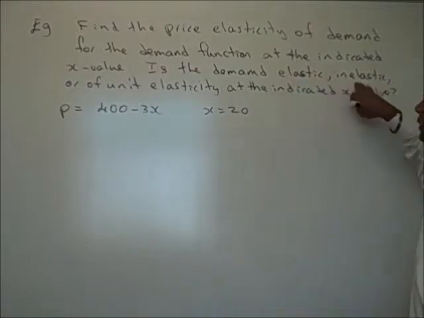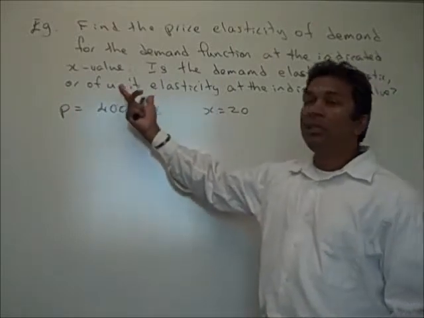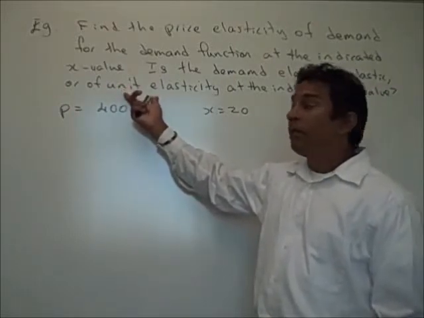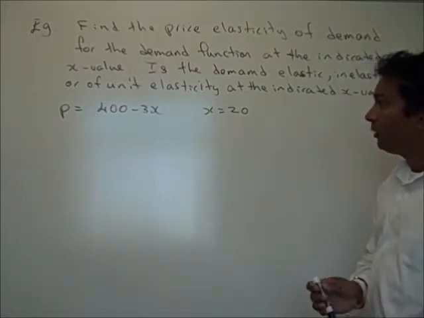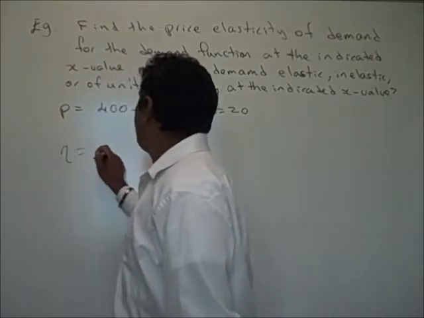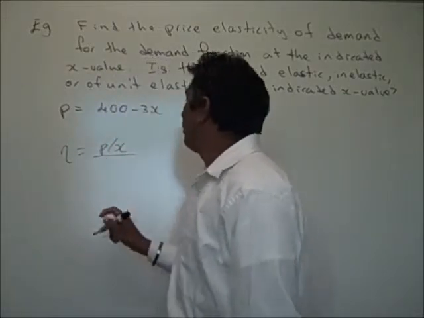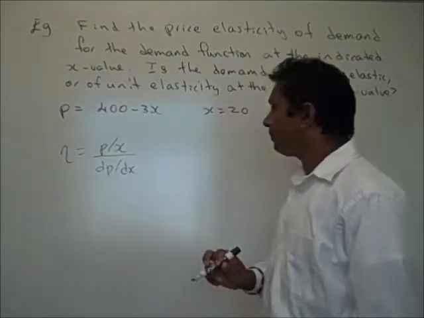It's inelastic when the absolute value of eta is less than 1. And it's of unit elasticity when the absolute value of eta is equal to 1. You can recall that eta is equal to P over X divided by dP by dx.